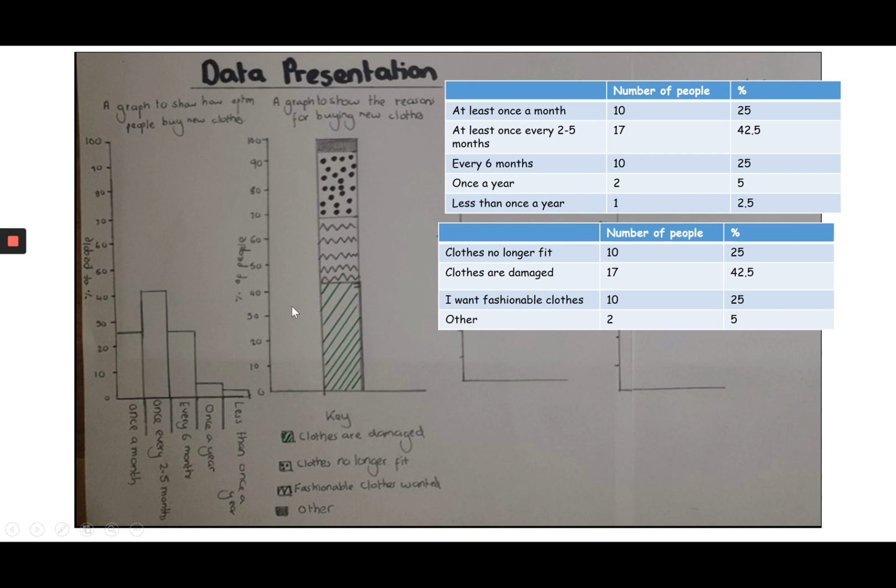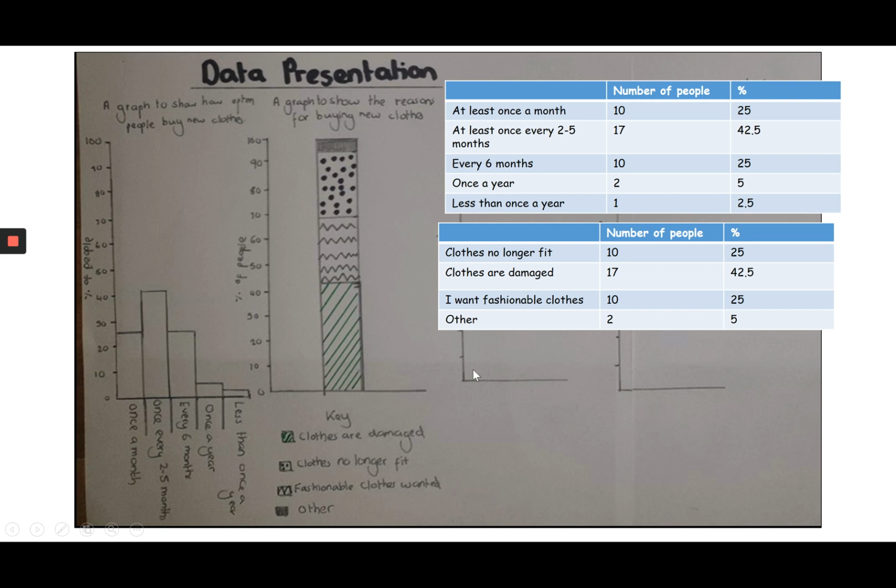If you're feeling brave and confident, you can make a stacked bar chart instead. So here, for a graph to show the reasons for buying new clothes, 42.5% of people said that clothing is damaged. So again, I've measured up 4.25 centimetres along here, and I've put in the key that green striped is clothes are damaged.